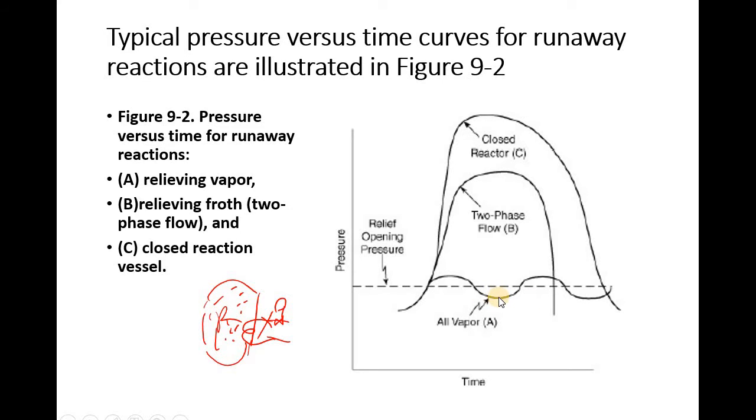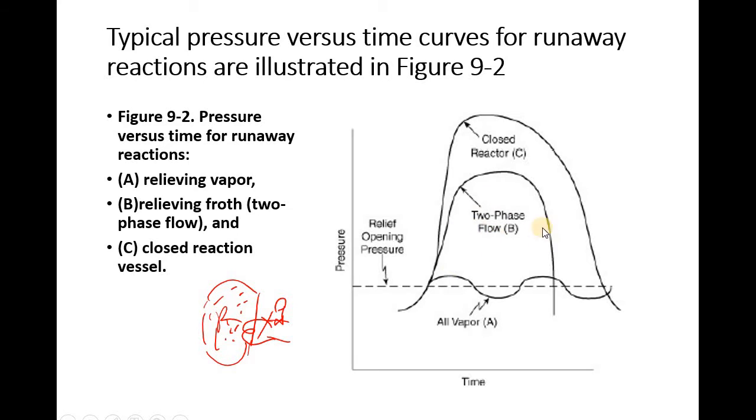When it went down, it depends on that relief opening pressure. If it is a spring type that does not break like a rupture disc, it goes on and off, so it will open again and then close, and so on. And you have other examples.